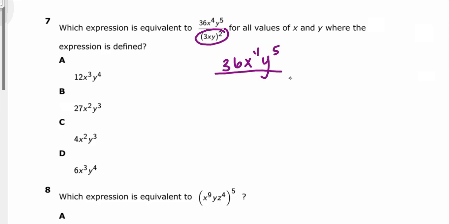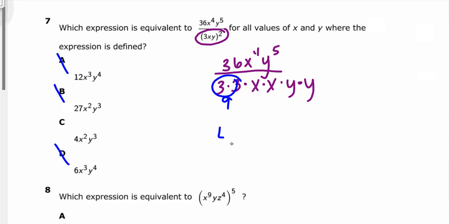And the bottom becomes 3 times 3 times x times x times y times y. Okay. All right. I know 3 times 3 is just 9. And 36 divided by 9 is going to give me 4, which actually already gives me my answer. But we're going to keep going anyway.